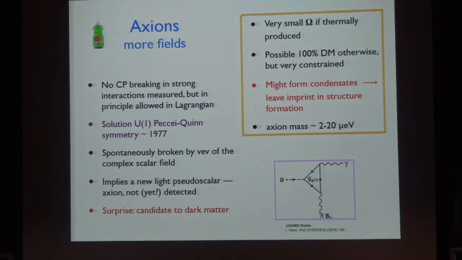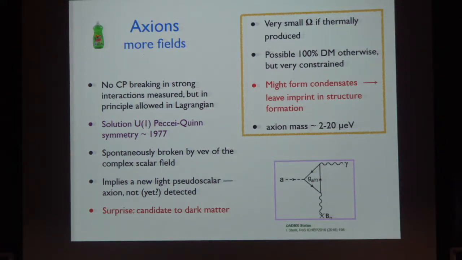Now we are at more fields. As I said, there's no CP violation in the strong sector, and this is known as the strong CP problem because in principle there could be more. In 1977, Roberto Peccei and Helen Quinn came with an idea of promoting a term in the strong Lagrangian, the QCD Lagrangian, to a field.